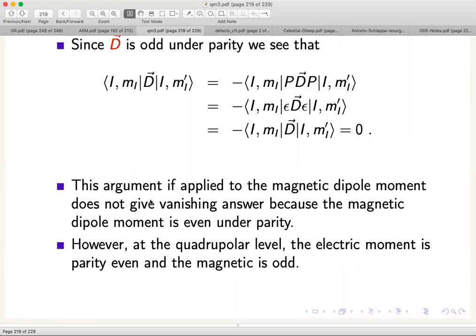Okay, if you go to the next one, then the roles are switched. So for example, at dipole level, electric is parity odd, magnetic is parity even. At quadrupole level, electric is parity even and magnetic is parity odd. Okay, if you go to the next order, you find that electric is parity odd, magnetic is parity even again.